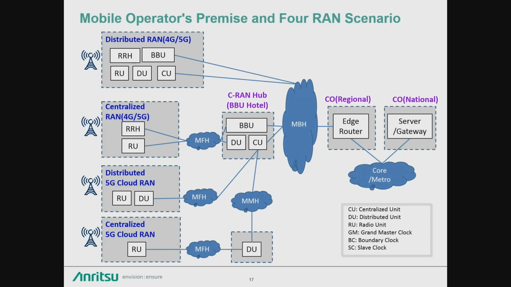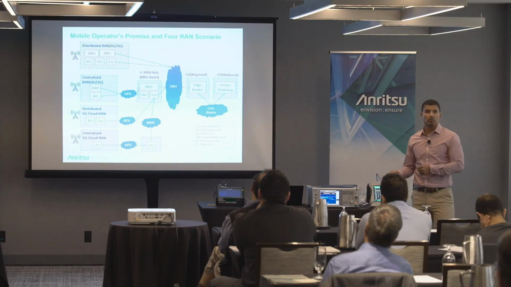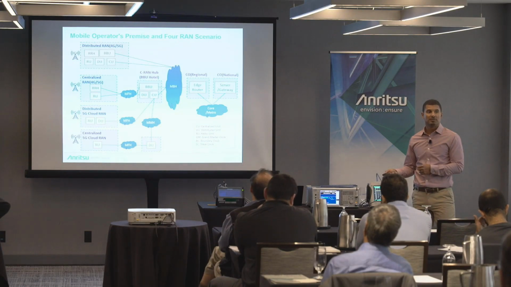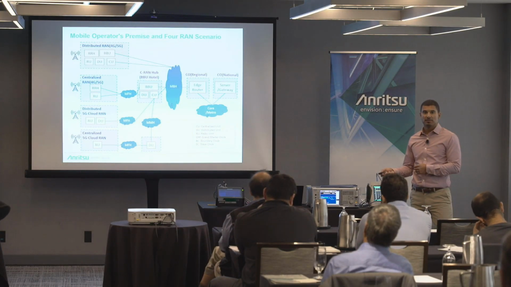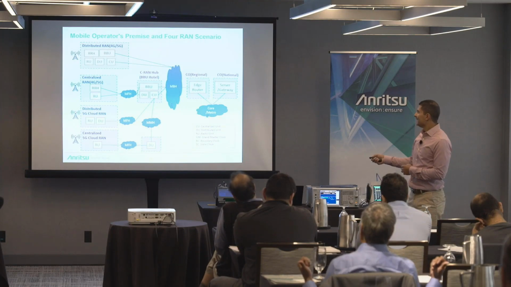So, a real quick quiz question from earlier today. If my communication from my RU to my DU, instead of being called mobile fronthaul, has a different name for that, does anyone remember what that is? From the RU to the DU, I'll give you a hint: there's 1 and 2. NGFI.